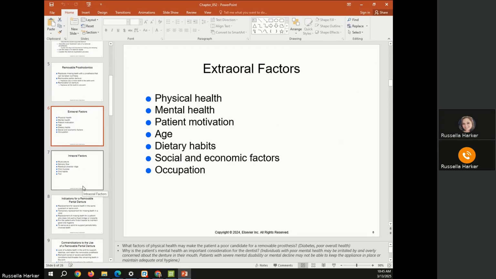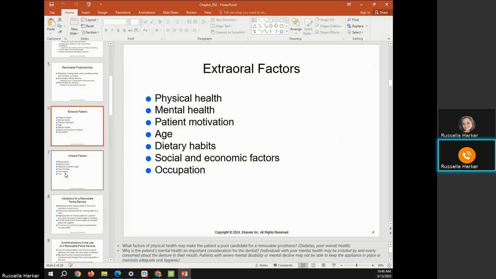So extraoral factors that they look at is physical health. Some factors in physical health could be like diabetes or overall poor health. Mental health, if they are in poor mental health state, they may not be able to tolerate the taking out and putting in of the appliance.